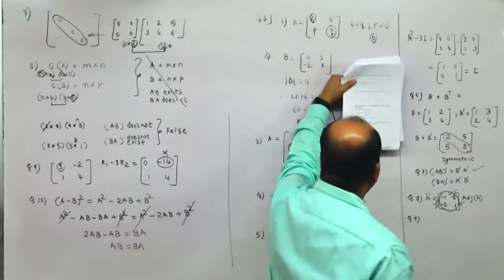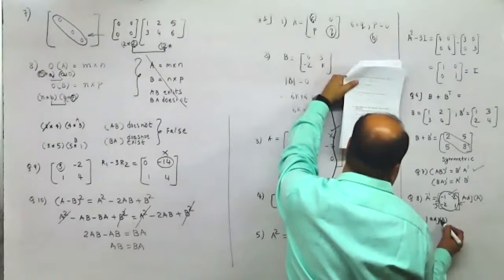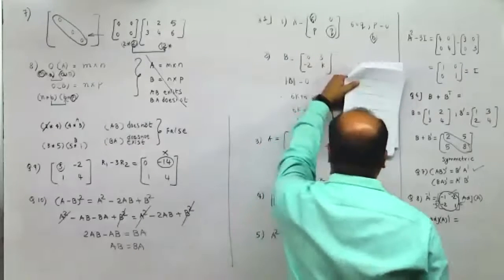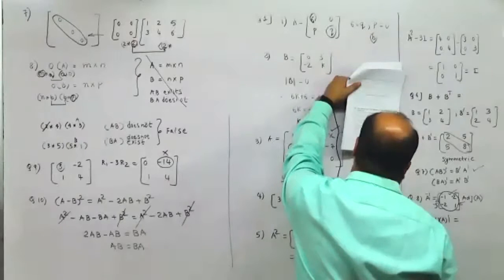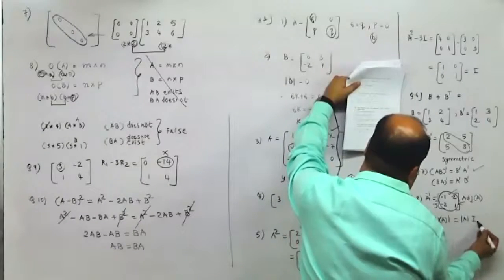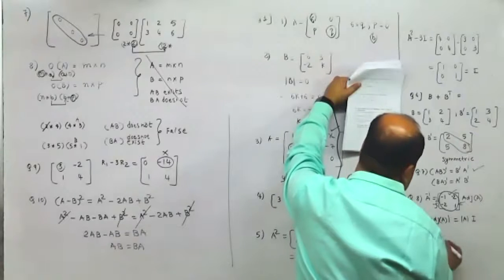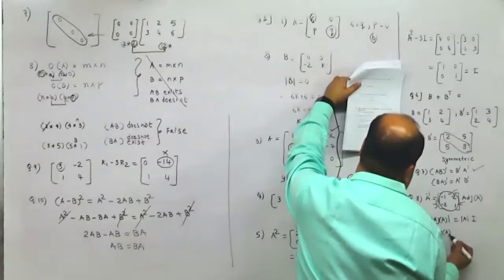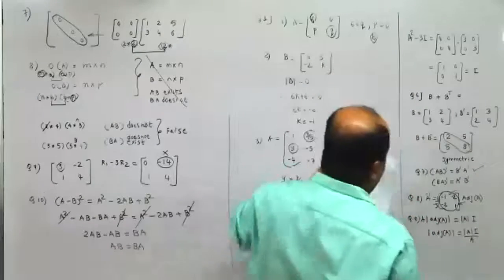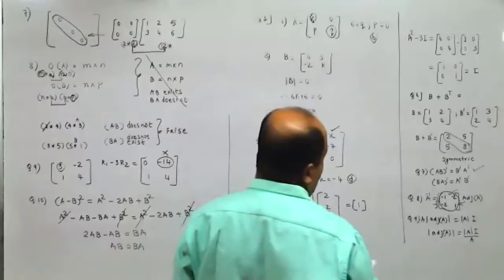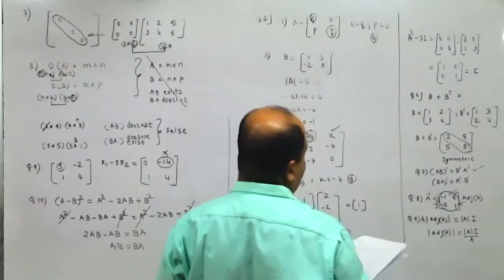If A is a non-singular matrix of order 3, then determinant value of adjoint of A would be equal to, determinant value of A into adjoint of A is determinant value of A into I. So here adjoint of A would be equal to, yeah, we can find that, but there's some rule also.